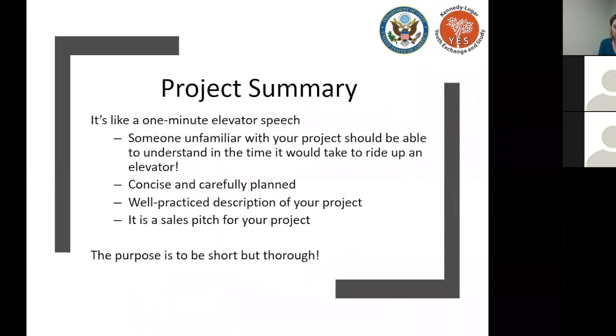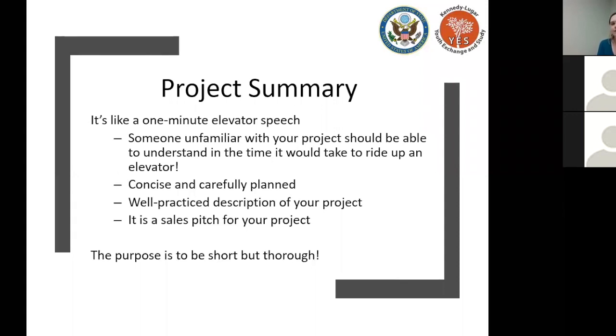All right, so we're going to move on to talking about some of the different components of your project. Your project summary is one of the most important parts of your project. It's like an elevator speech. I don't know how many of you have heard about an elevator pitch, but the idea is that you have a very short and all-encompassing summary of what you're talking about, and that you would be able to say that in the time it would take to ride up in an elevator.